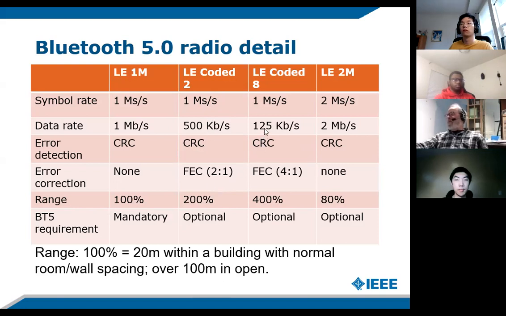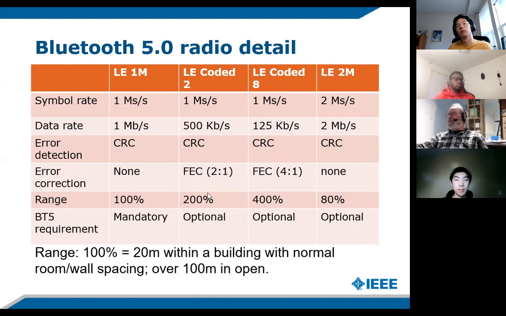Here, with more forward error control, we have 1/8 the data rate, but it has 4 times the range. It could easily be 400 meters or more in open space.